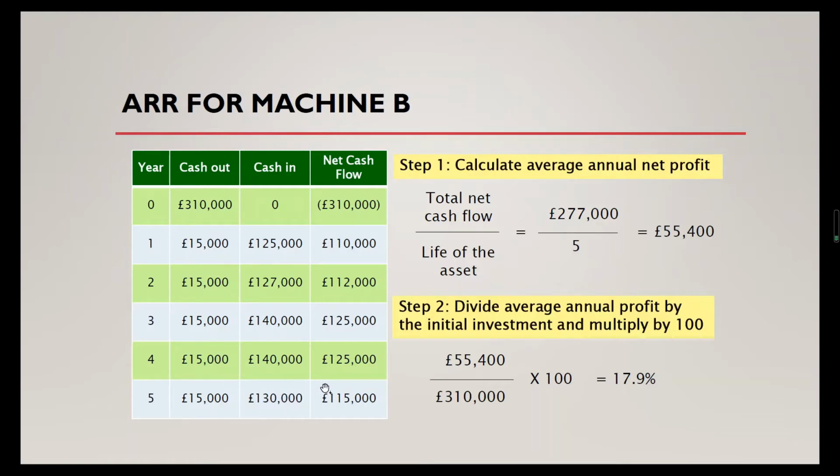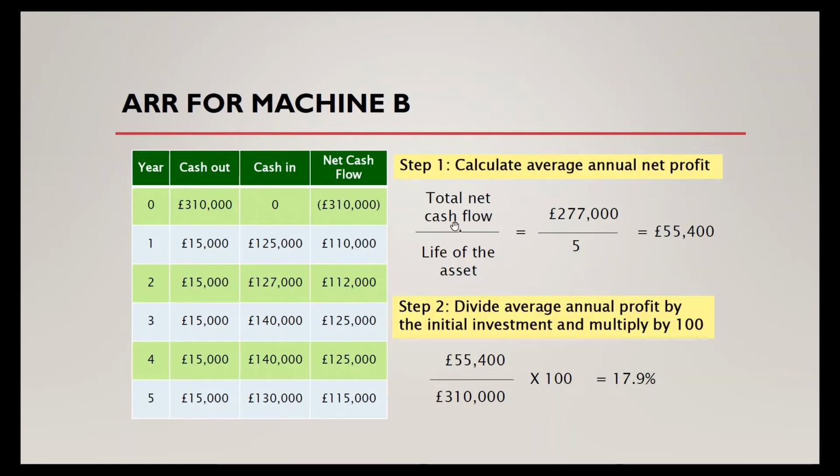Therefore, it gives us the same net cash flow of £125,000. And in the last year, there is some decrease in sales to 130,000. Again, we have to pay expenses of £15,000. Therefore, it leaves us a total of £115,000.